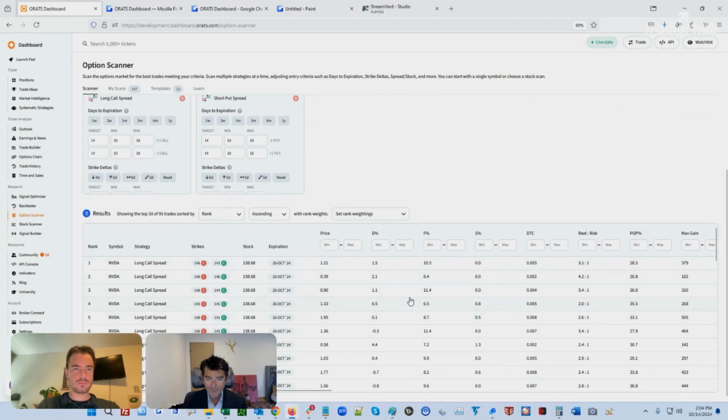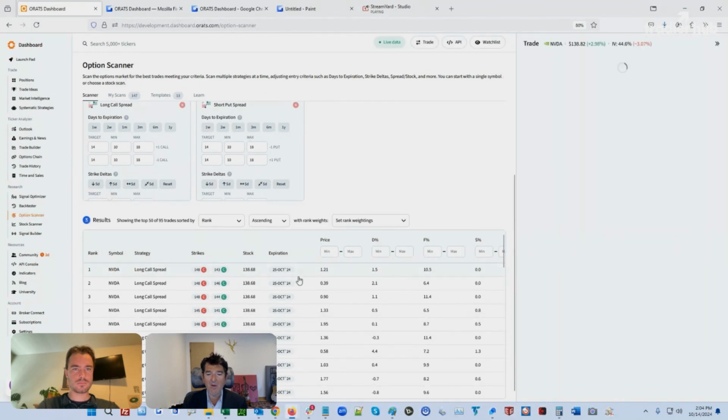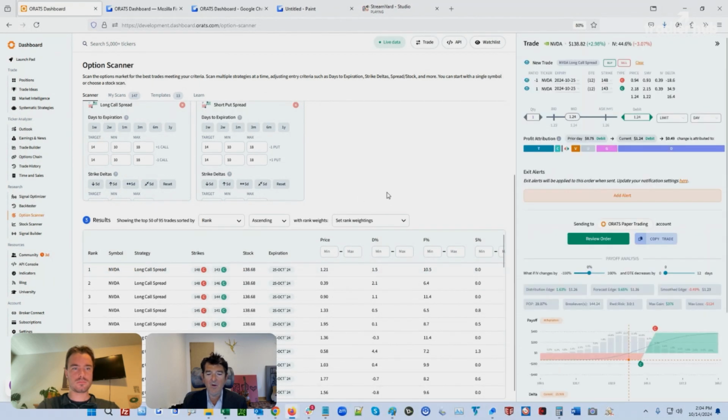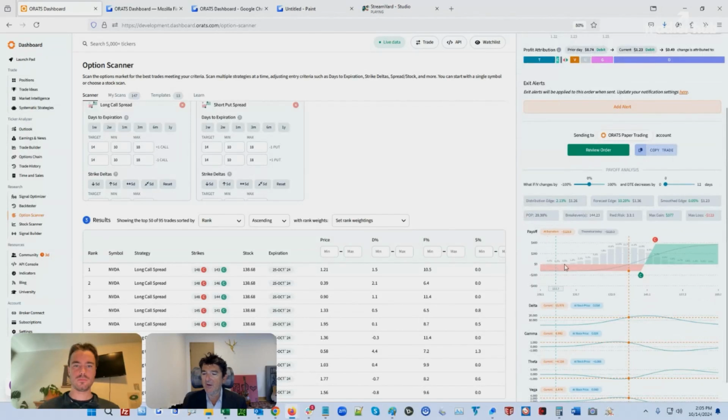And we'll check out some of the theoretical values that we are seeing here. So first of all, let's talk about the theoretical values. The distribution theoretical value is what D stands for, and I'll show you what that means. So this particular long call spread is trading about 1.21, now 1.22, and the distribution is the way that we value an individual option or a spread that looks at the terminal values, which is this kind of green and red.